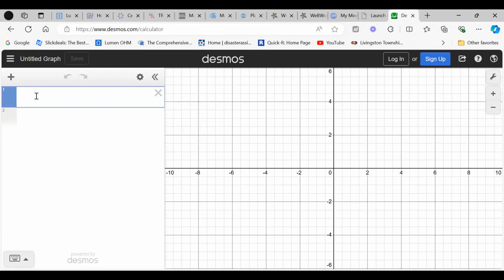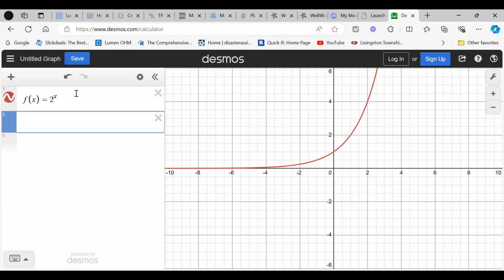So first of all, we're going to put in y equal to 2 to the x. Okay, so we see that graph. The second one, we're going to put f of x equal to log base 2 of x.